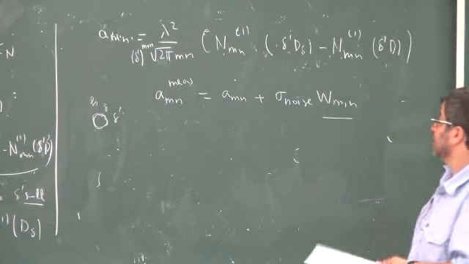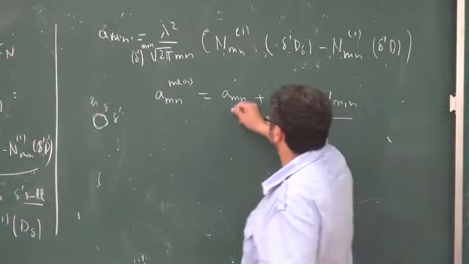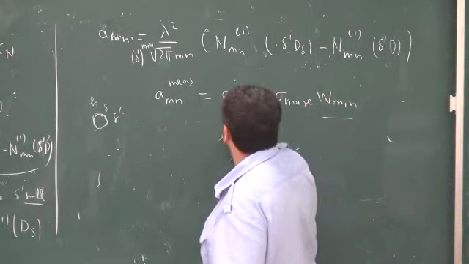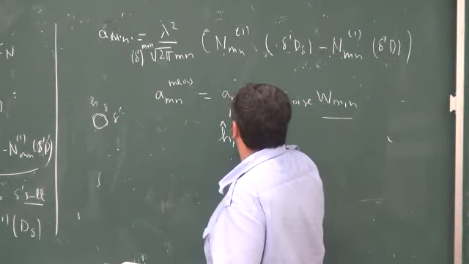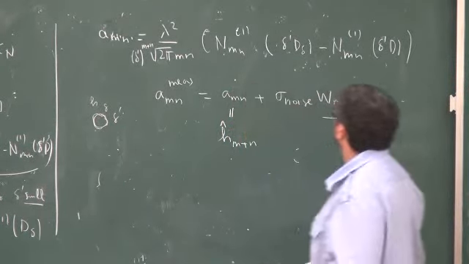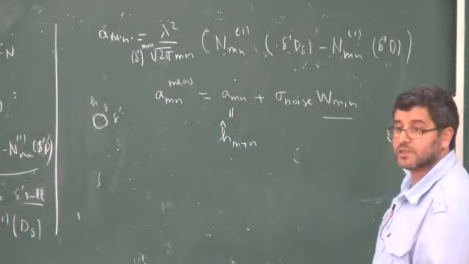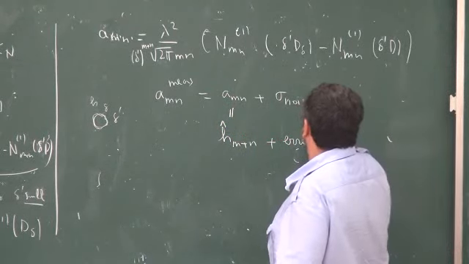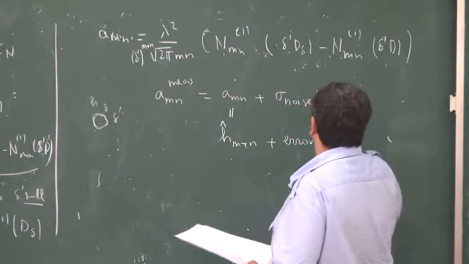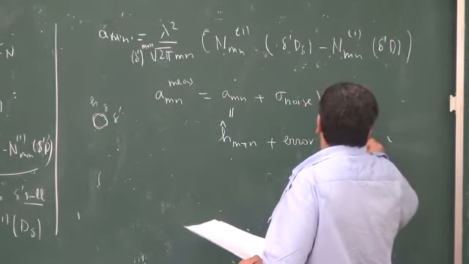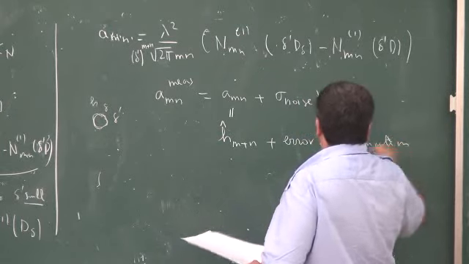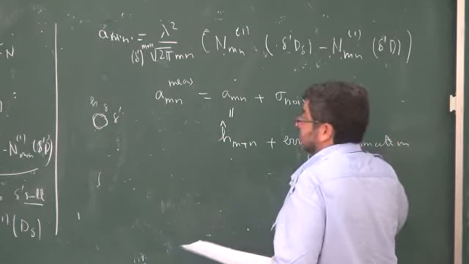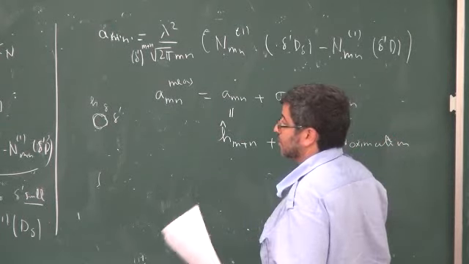Okay, and this A_mn from the asymptotic expansion I know that this is h_{m+n} because of this form, plus some measurement error, approximation error, of something of order delta.